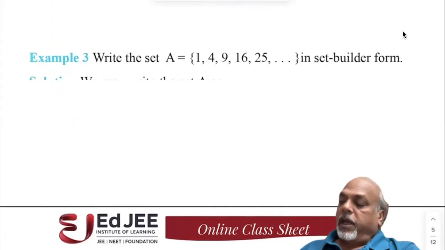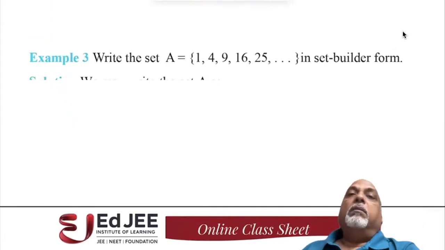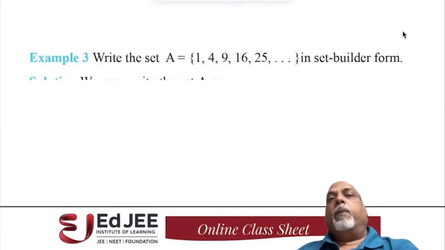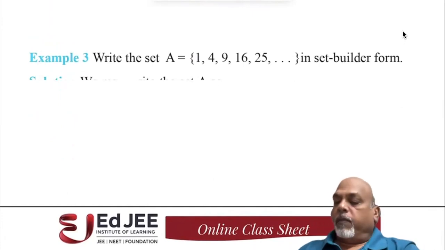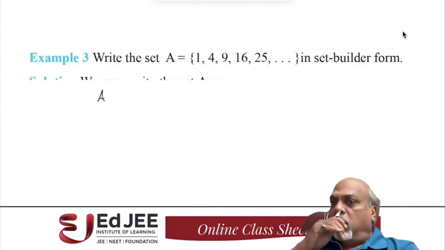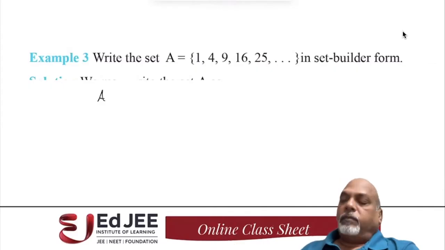Write the set A in the set builder form. You have to see the properties of the elements, then only you can write it. Here dot dot dot means it is going to infinity.